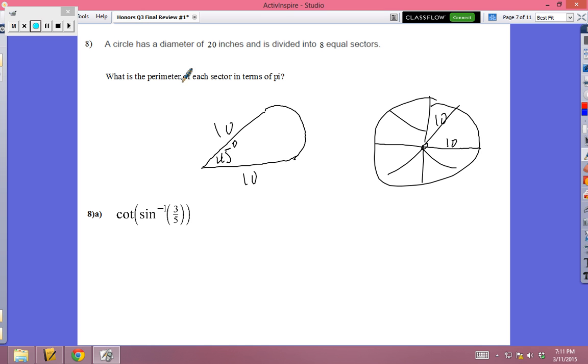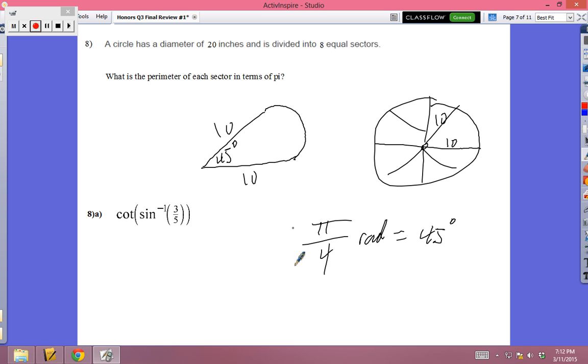So to find the perimeter of the pie, we're going to add this 10 to this 10 to this arc length. Now arc length, that's radians. So if I convert degrees into radians, 45 is just pi over 4. So pi over 4 radians is equal to 45 degrees.